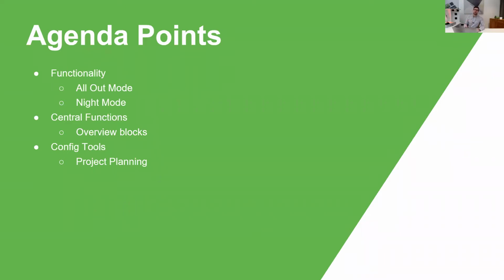We had a shading overview. Now we're going to be looking at the other overview blocks we can use and how we bring them into all-out mode and night mode. And then finally, we're going to be looking at the various tools we have in Loxone to help you both plan projects out, configure a project quicker, and also to diagnose any potential problems you come up against.